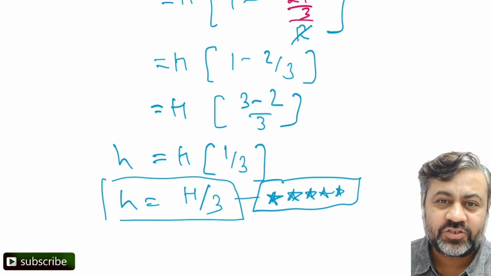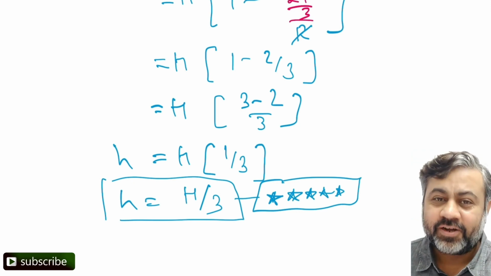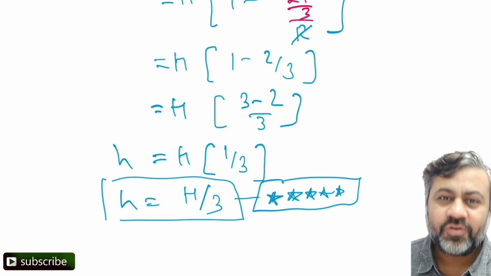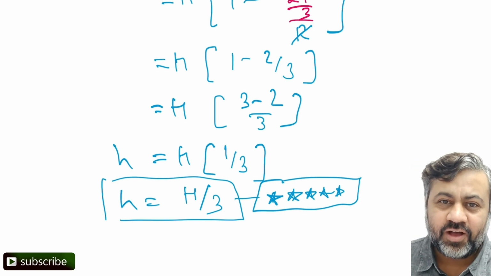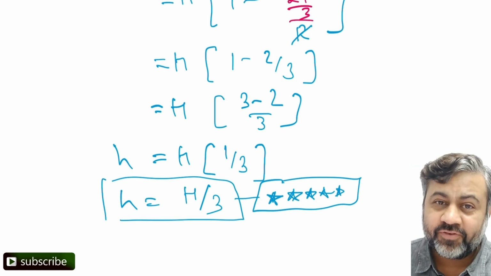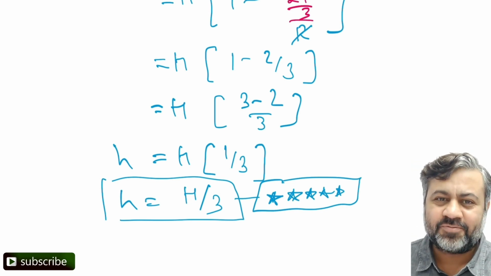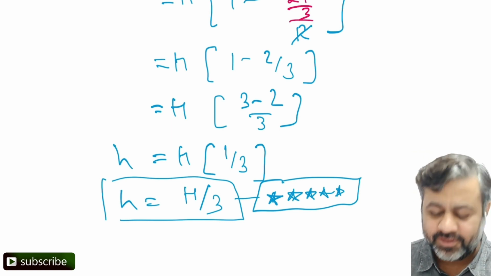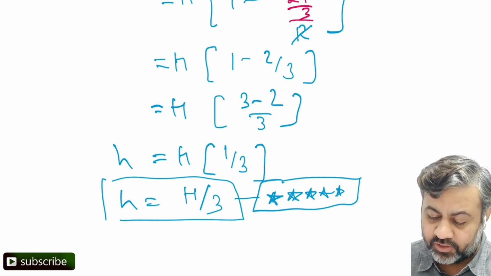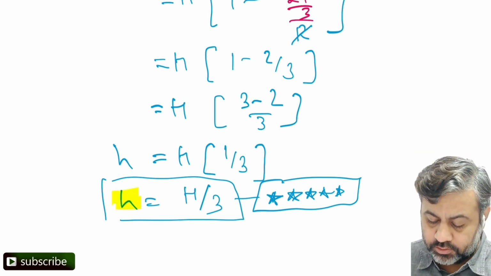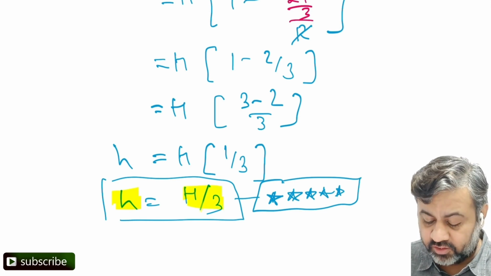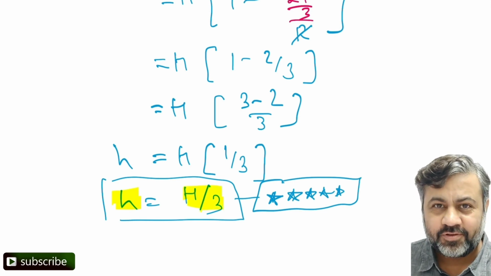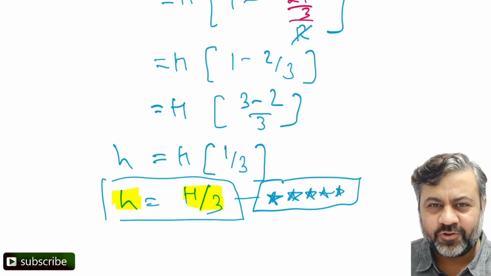Then we differentiated, double differentiated, took the first order derivative to 0, got the value of r, substituted in the double derivative, negative came so maximum, and then we proved the last thing, that the height of the cylinder is 1/3 of the height of the cone. Not easy, but not difficult also.